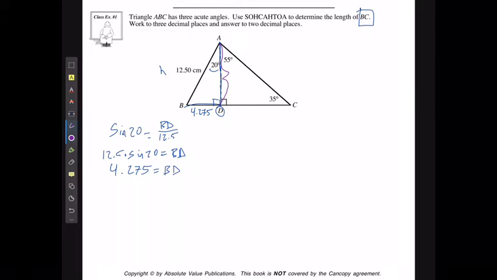So I can say, to solve this, that cos of 20, because I'm solving for the adjacent, is going to equal AD divided by the hypotenuse, 12.5 or 12.50. So 12.5 times cos of 20 is going to equal AD, which means that 11.746 is going to equal AD.